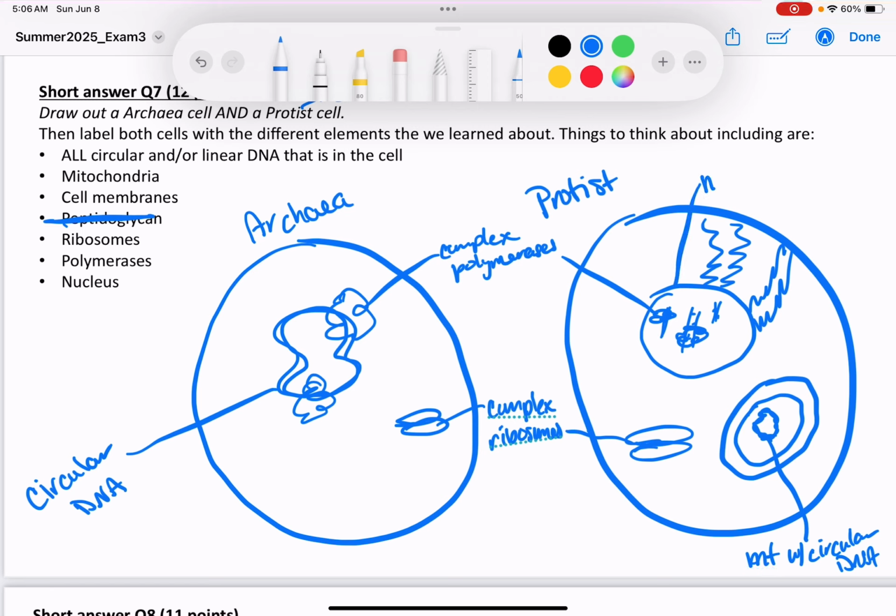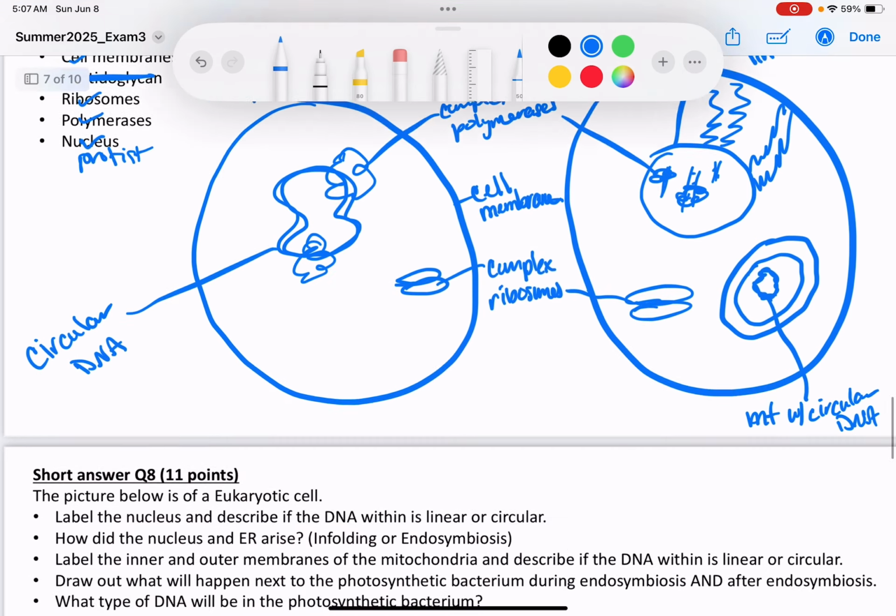Here I have my nucleus with linear DNA. Okay, so now let's go through and check. Okay, so I've got all circular and linear DNA in the cell. I've got the mitochondria only in the protist. Oh, I need to label my cell membrane. I've got complex ribosomes and complex polymerases, and then nucleus only in the protist. Okay. All right, I think that's it.